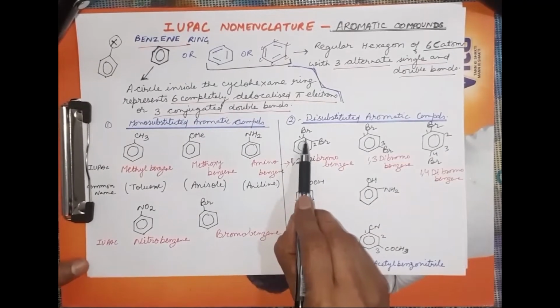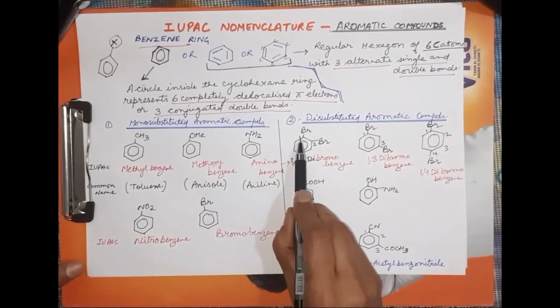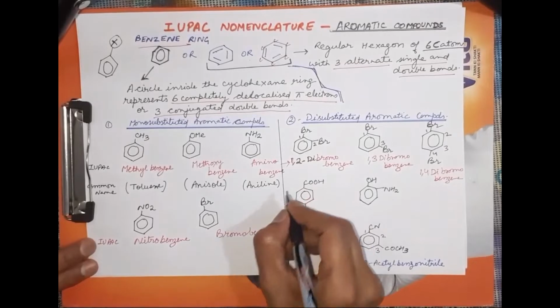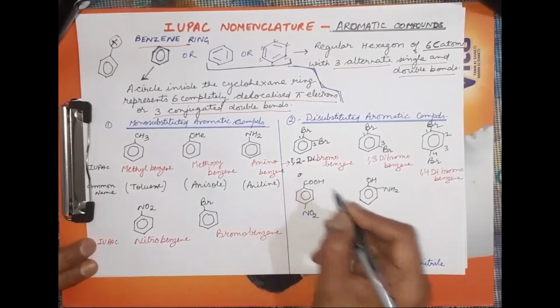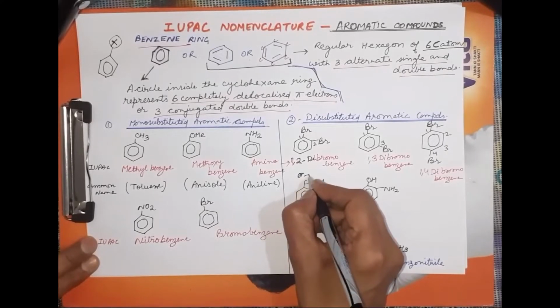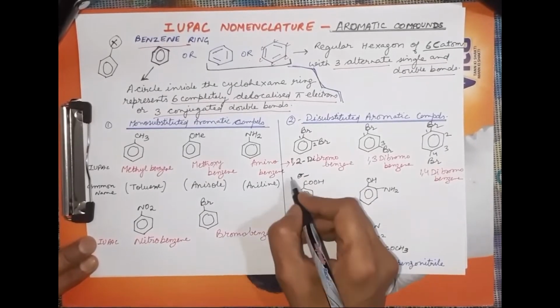When these two Br are present at the 1 and 2 positions, the name is given as ortho-dibromobenzene.